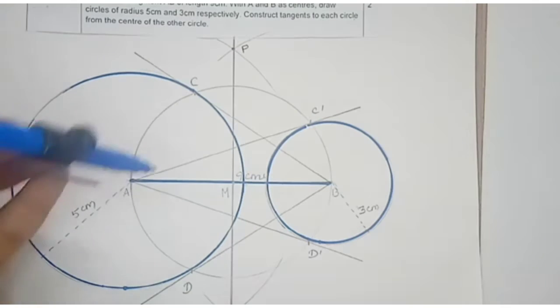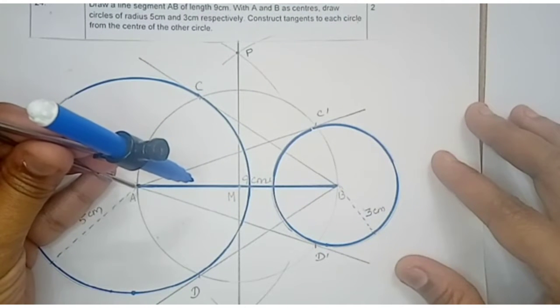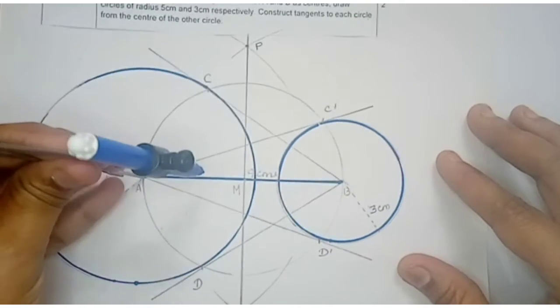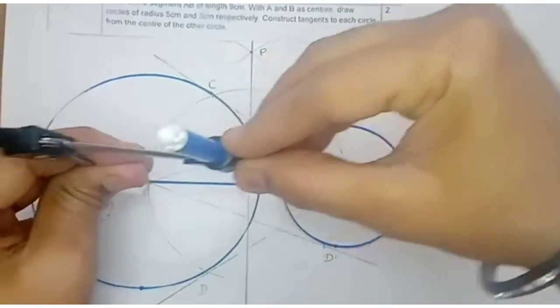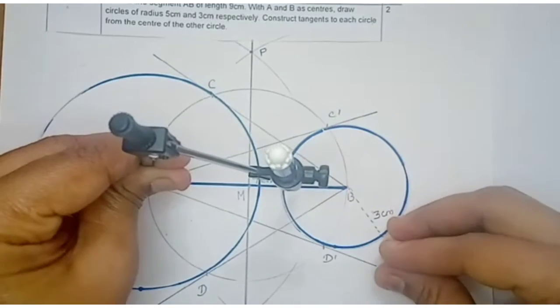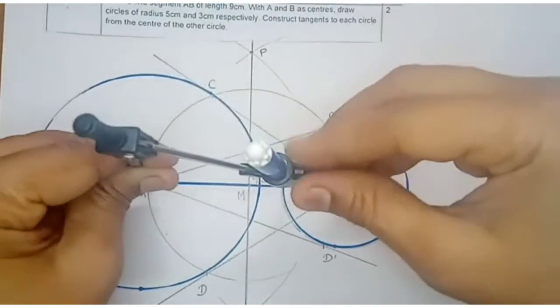So how to find the midpoint? We need to measure more than half of the length of 9 centimeter.